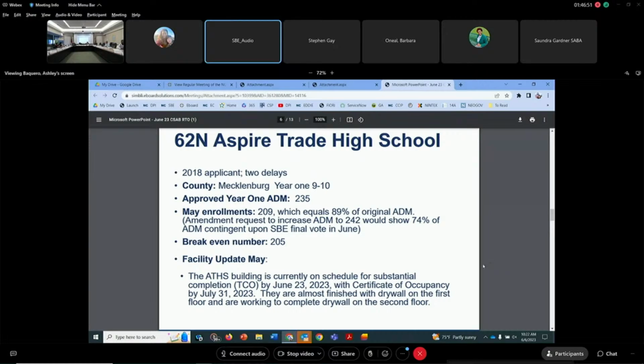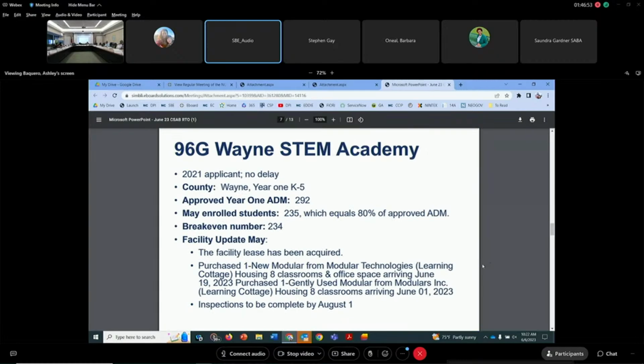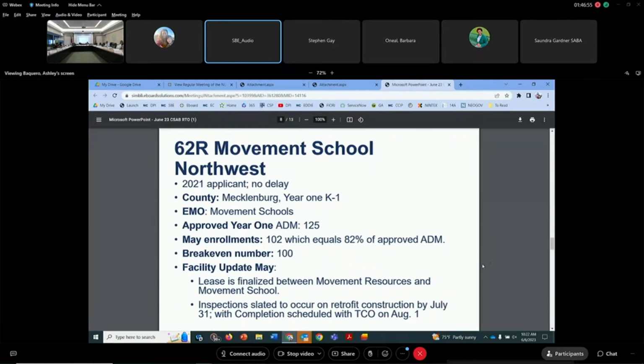Next up, I'm moving one more slide ahead, and then we'll come back to Movement School Northwest. So this was one of the schools that came to us in March asking for a reduction in enrollment. They have met their 75% requirement with the lower 125 ADM, and they have finalized their lease.